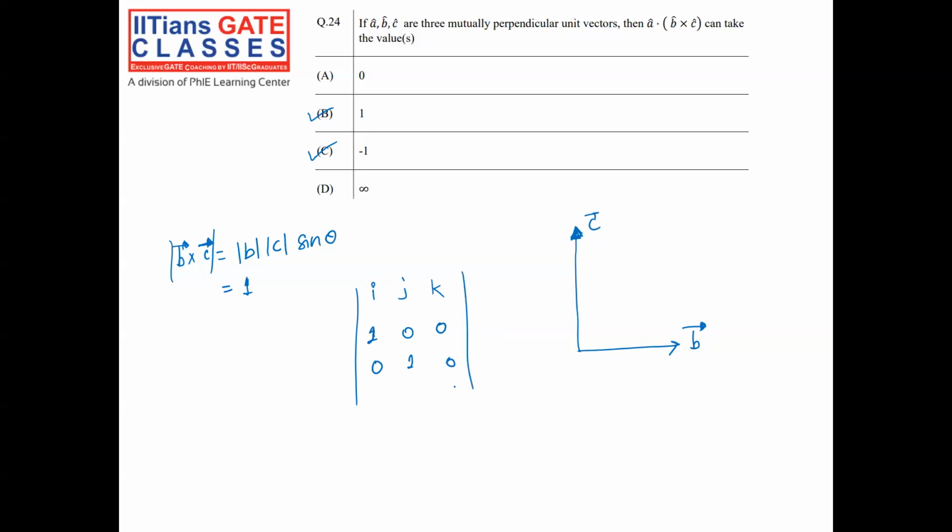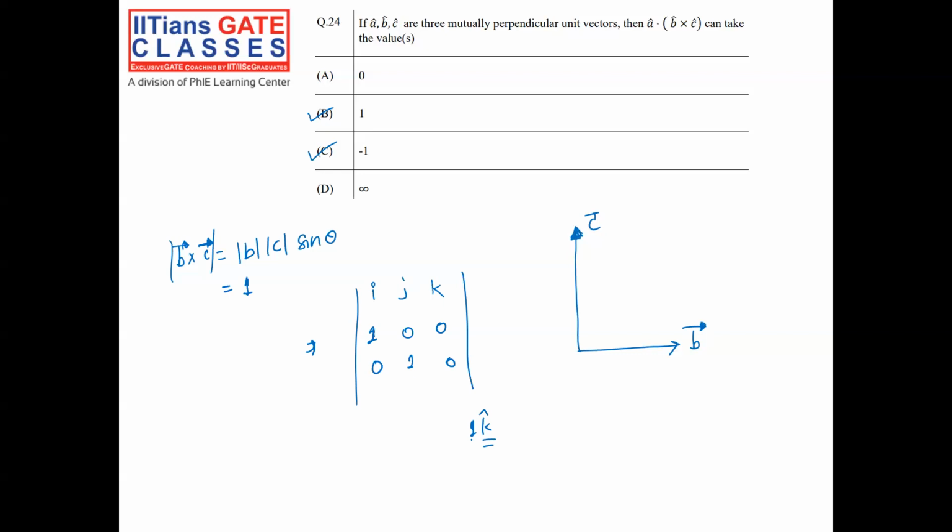Now if we take the determinant of it, we will end up with 1 k bar. k bar is a unit vector perpendicular to this, and its magnitude is again 1. So either we'll get it in the positive direction or the negative direction, depending on the direction of b bar and c bar.